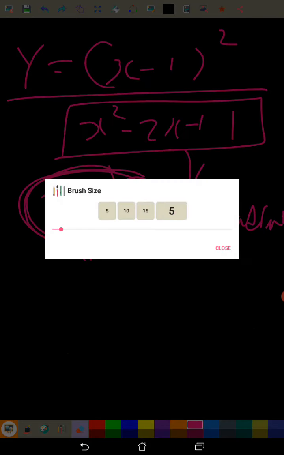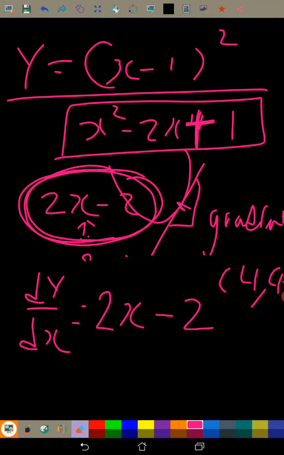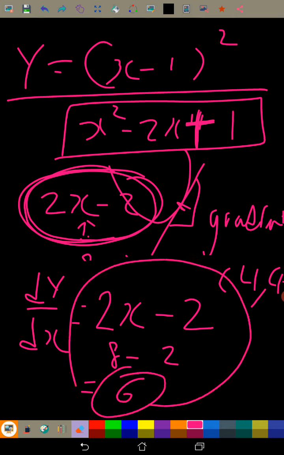If we differentiate dy by dx, if you know what differentiation is, we have this. 2x minus 2, if x is 4, because we took 4, 8 minus 2 gives us 6. So this is different from what we have calculated.